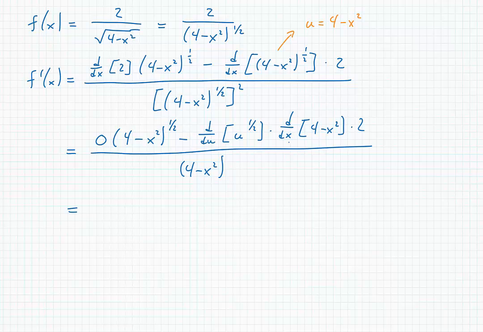So let's see, this is going to give us negative 1/2 u to the negative 1/2, right? The first part was 0, so I'm not writing any of that down. I can skip right past it. Times the derivative of 4 minus x squared, which is negative 2x, times 2, all divided by 4 minus x squared.